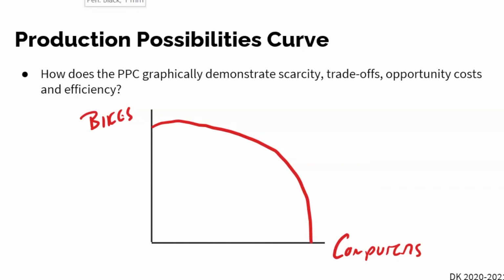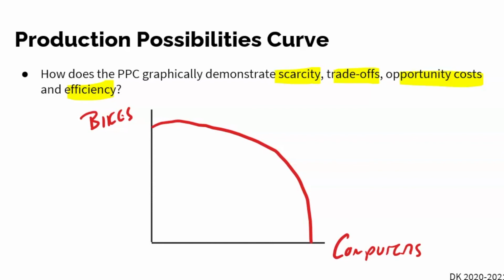And here, this question that we see on the screen: how does the PPC demonstrate scarcity, trade-offs, opportunity costs, and efficiency? Well, it demonstrates scarcity, because if we're using all of our resources towards the production of bikes and computers, then because of scarcity, this country is going to have to make a choice.